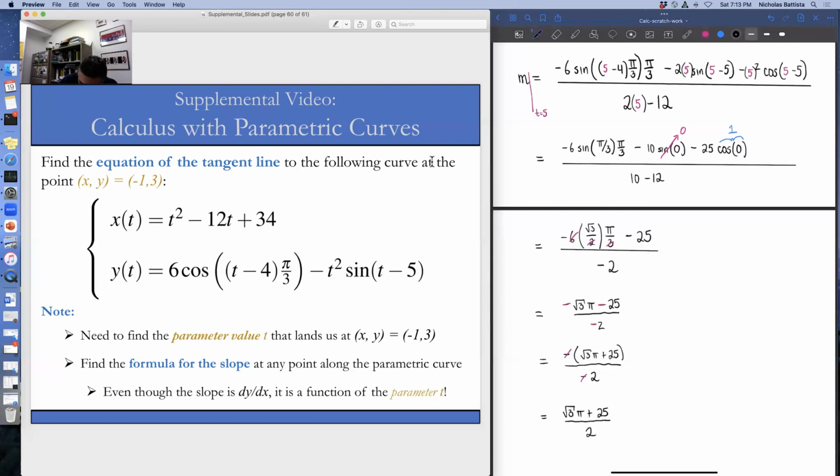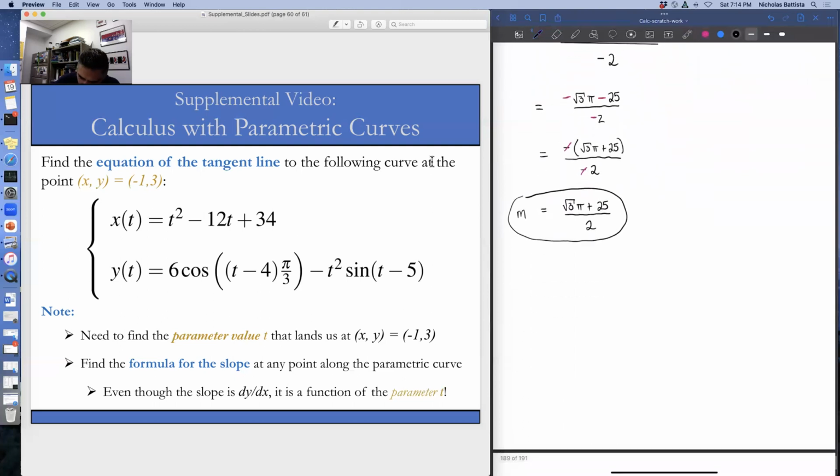So now that we have our slope, we can go ahead and take the equation for that tangent line we had before. Just to remind ourselves from before, we had that y minus 3 was equal to the slope that we were looking for, all times x plus 1. So the only thing we were looking for the last few minutes was what that slope was. And well, we just found that slope.